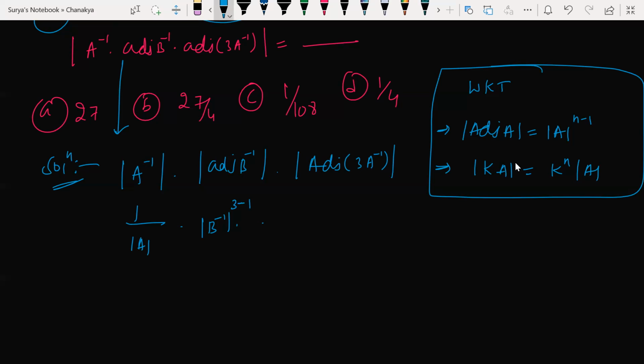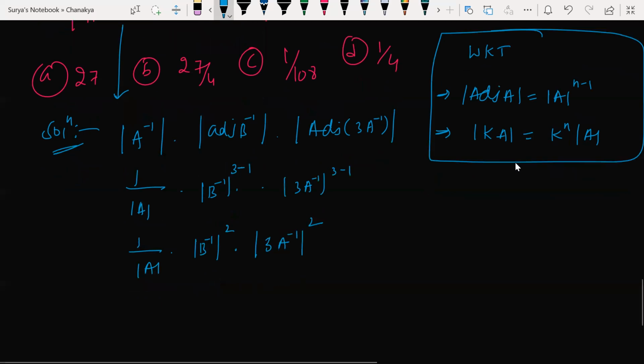Similarly, adjoint of 3A inverse can be written as determinant of 3A inverse to the power of 3 minus 1. So 1 by determinant of A into determinant of B inverse to the power of 2. Now let us write this as it is, 3A inverse to the power of 2.